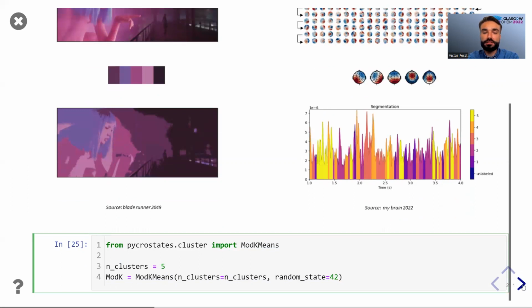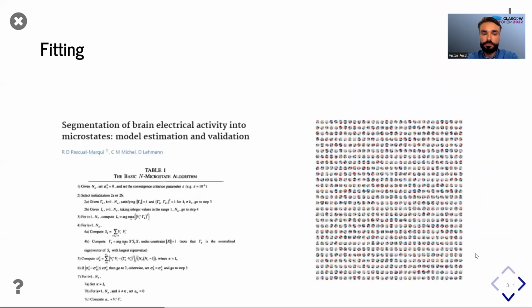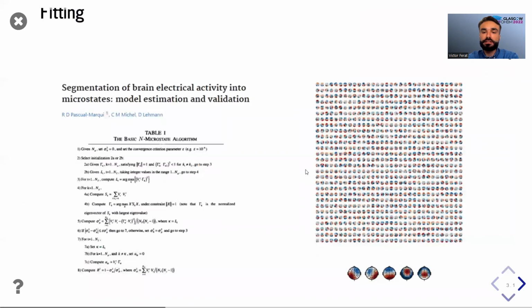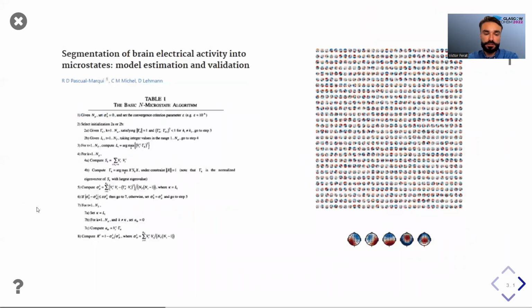Once we have created this instance, we want to feed it some data in order to compute the main topographies. The algorithm behind this decomposition was first written by Pascal Marquis, Christophe Michel, and Dr. Lehmann, and is, as I said before, a modified version of K-means.